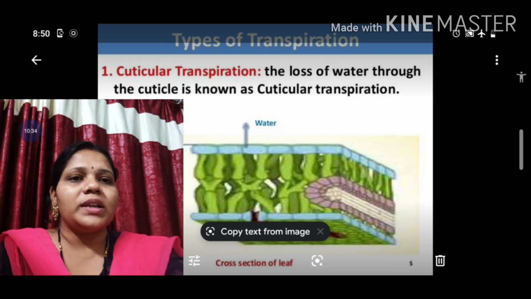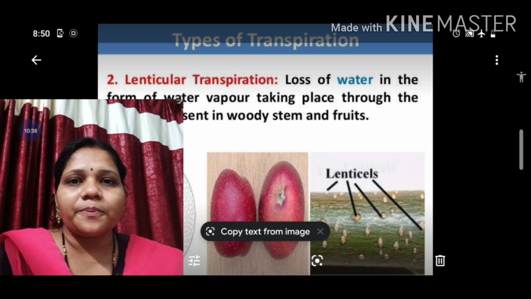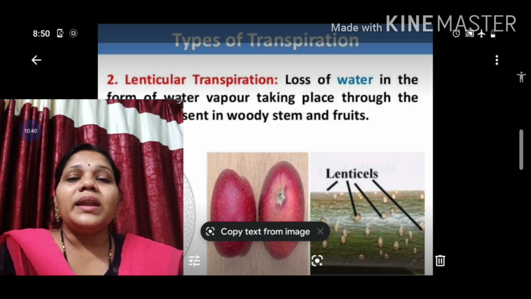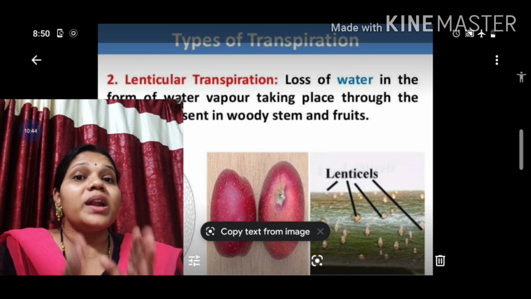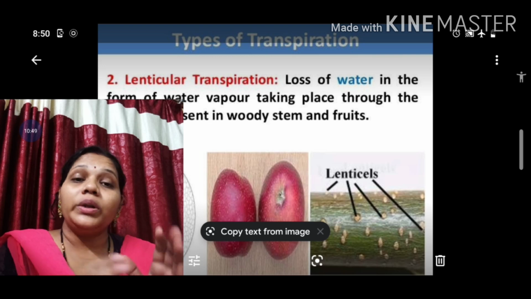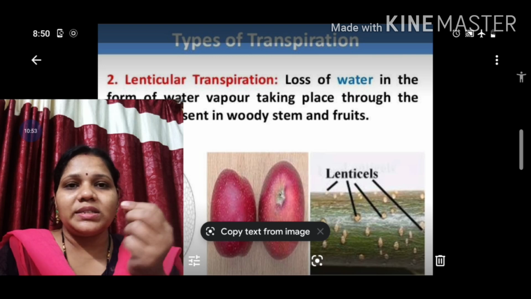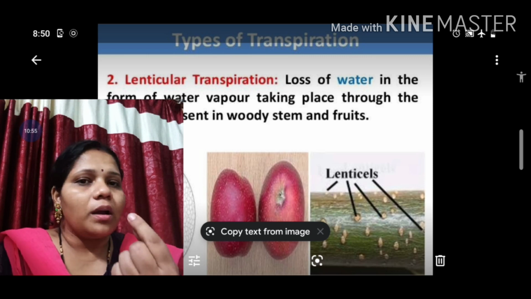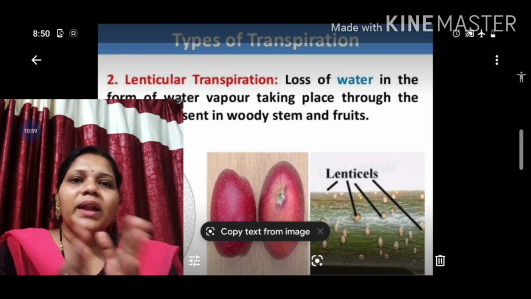Now comes the next transpiration, that is lenticular transpiration. What do you mean by lenticels? Generally the lenticels are permanent openings which are present in woody stems. So what is the difference between stomata and lenticels?